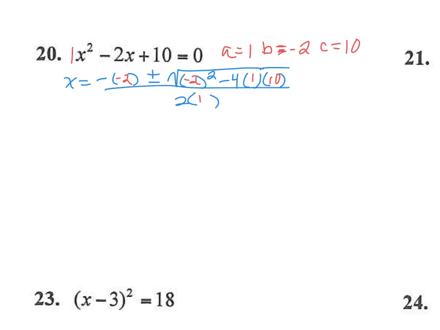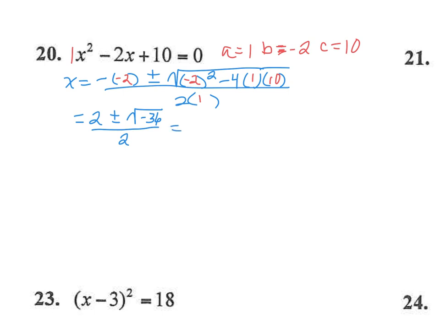So you should have had positive 2 plus or minus the square root of negative 2 squared is 4 minus 4 times 1 times 10 is 40, so that actually gives you a negative 36 underneath that radical. Well, normally we cannot take the square root of a negative, so this is going to give us an imaginary answer.